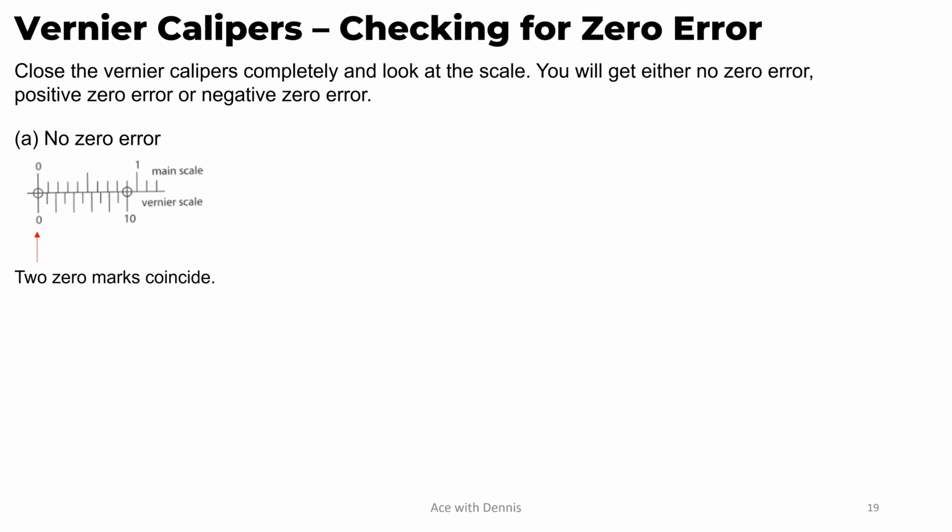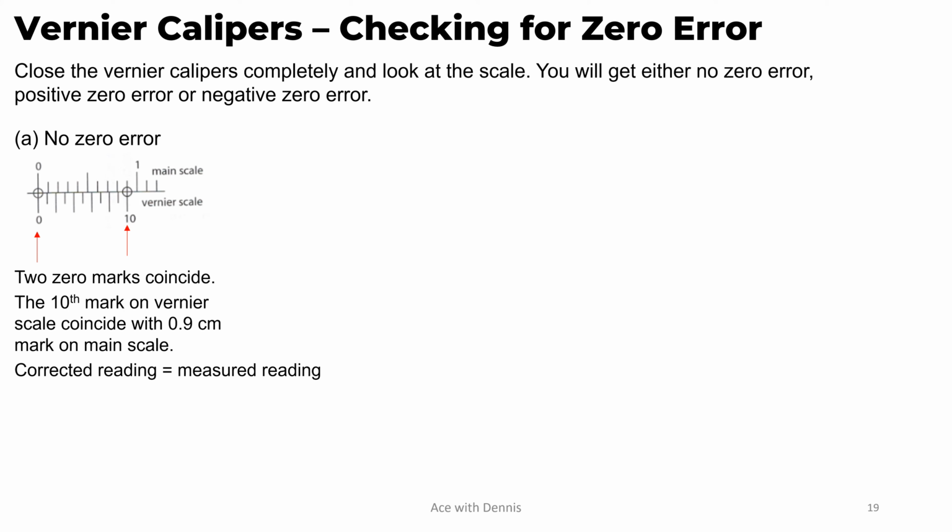The two zero marks coincide, and the 10th mark on the vernier scale coincides with the 0.9 cm mark on the main scale. Hence, the corrected reading will be just the measured reading. So for our example, previously we read the scale as 1.23 cm, hence the corrected reading is 1.23 cm.